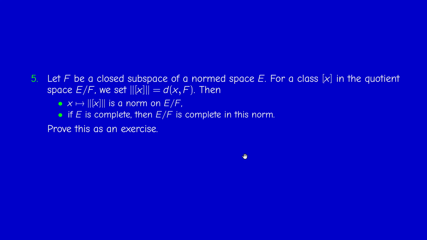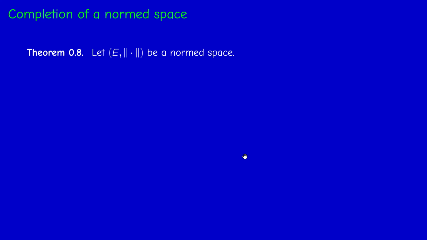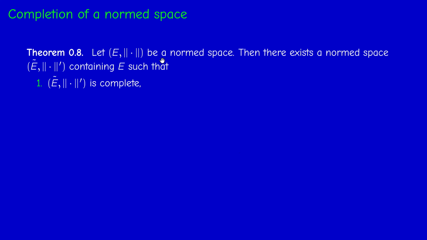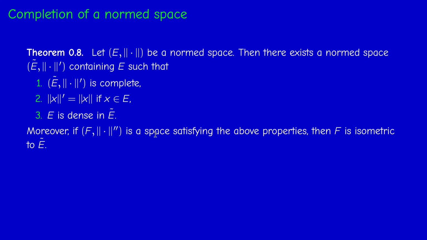And the last result in this lengthy video, the completion of a normed space, is important. I will not prove this theorem, but you have to know it. If we have an arbitrary normed space E, then there exists another Banach space, E tilde, equipped with a norm prime. So first, it's a Banach space. Second, this new norm is an extension of the old norm on E. And third, E is dense in this new space.